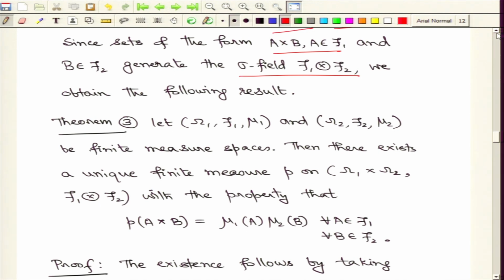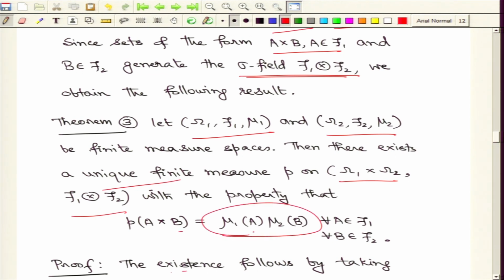But now, we make this very important identification: since these measures agree on the product type sets which generate the product sigma field, if you take any two such measures which are given to be finite measures, then there exists a unique finite measure on the product sigma field with the property that it associates this exact number as the size of the product type set.